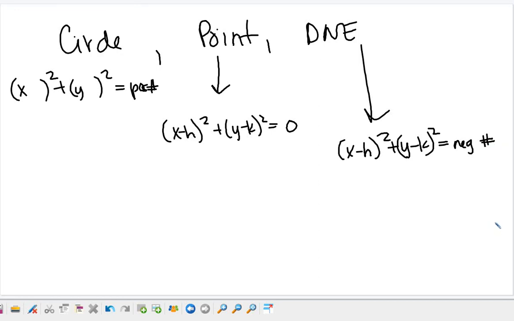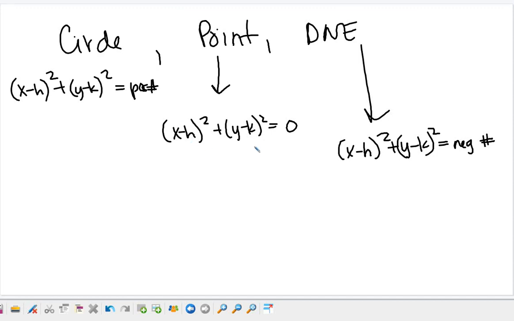So circle, just what we've been doing this whole time: center radius form is equal to a positive number. Doesn't matter if it's a perfect square, doesn't matter if it's a radical, it's a circle, as long as it is a positive real number.